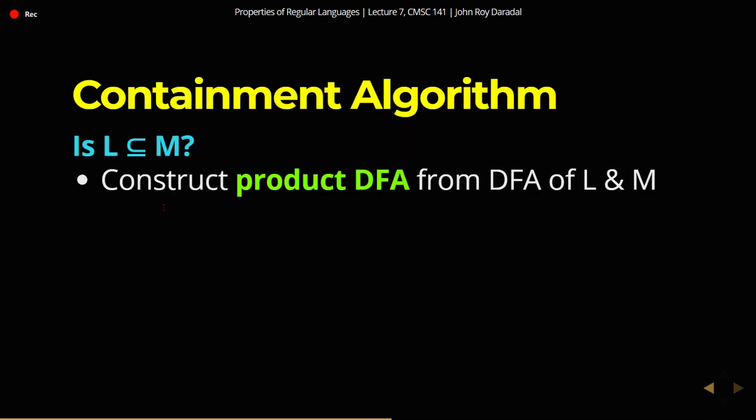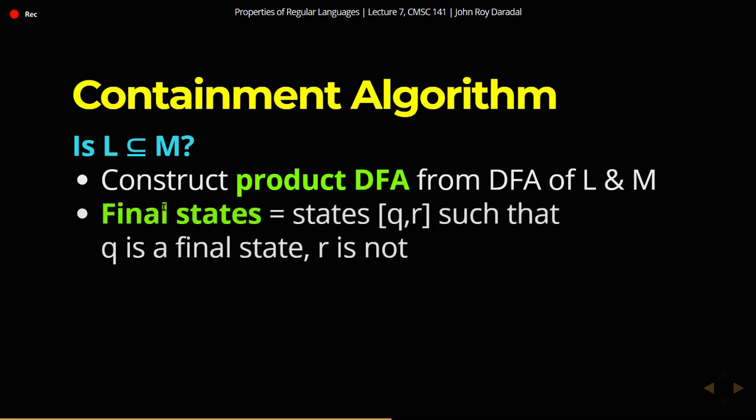Okay. To check whether L is a subset of M, we will also construct the product DFA of the two DFAs for L and M. But this time, the final states will be different. The final states would be states QR such that Q is a final state and R is not. So earlier, we said that as long as one of them is a final state and the other one is not, it's fine. That was in equivalence.